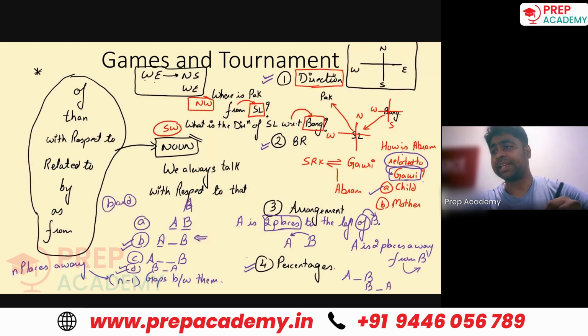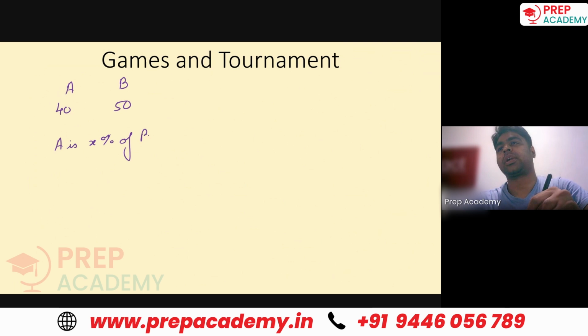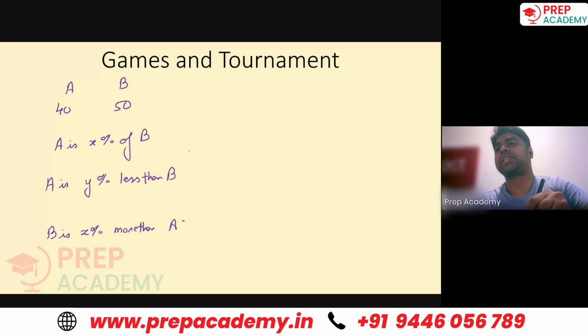Now, in the chapter of percentages, how is it used? Okay. So if I say A is here, B is here, A is 40, B is 50. And if it asks you, A is X percentage of B. If it asks you, A is Y percentage less than B. And it asks you, B is Z percentage more than A. Okay. So what is X, Y, and Z?